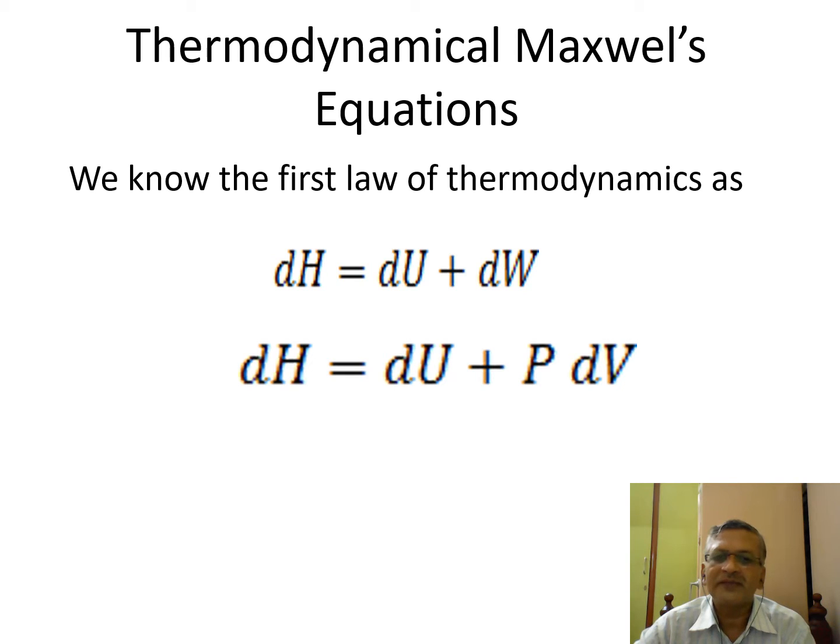Therefore, the equation becomes dH is equal to dU plus PdV, or in terms of internal energy, dU is equal to dH minus PdV. This is the first law of thermodynamics, where H is heat, U is internal energy, W is external work, P is pressure, and V is the volume of the system.